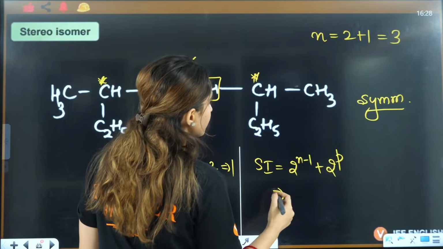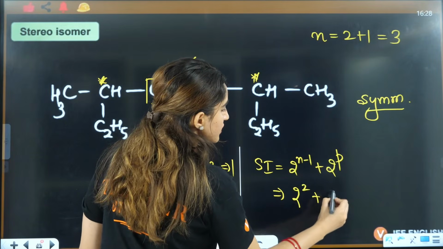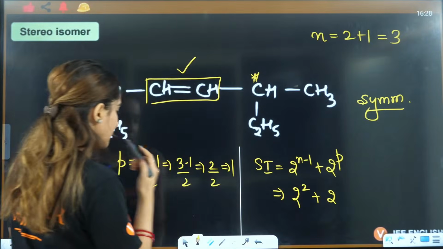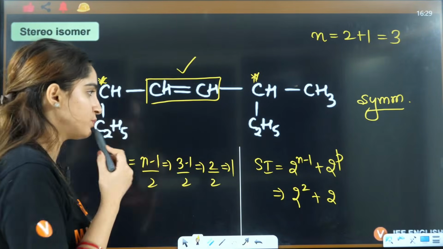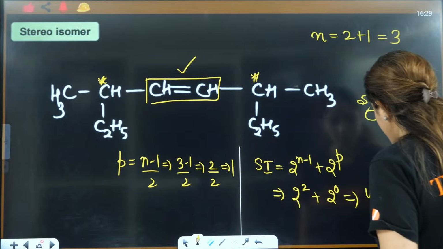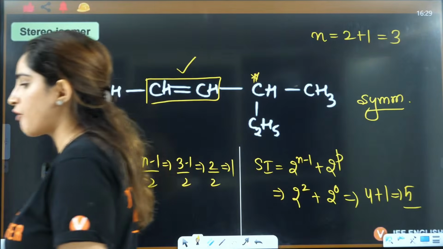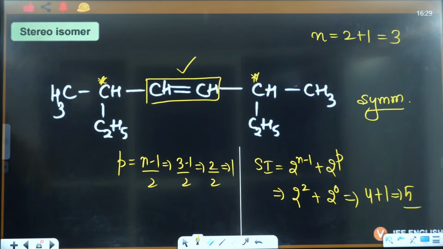So 3 minus 1 is 2, and this is 2 raised to power p, that is 2 to the 1. So it will be 4 plus 1, that is 5. So here the total answer will be 5 stereoisomers.